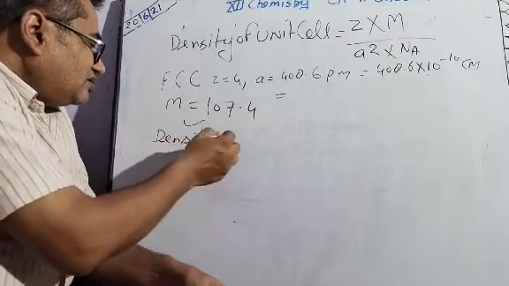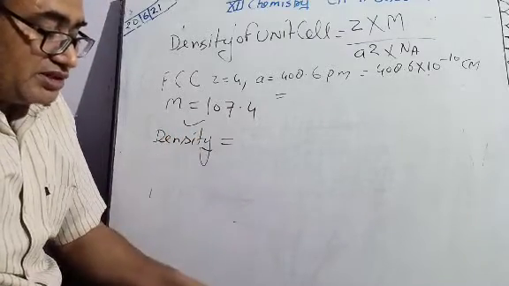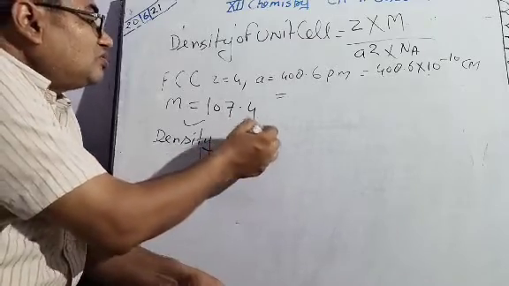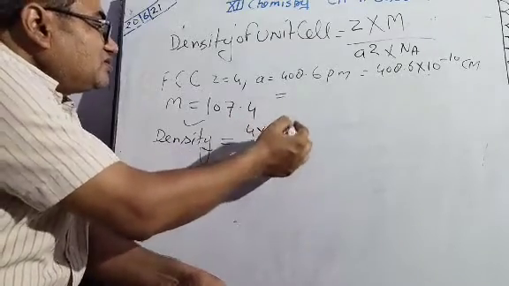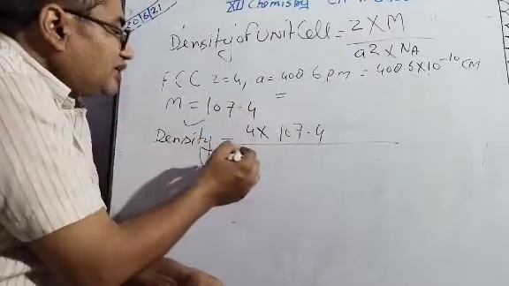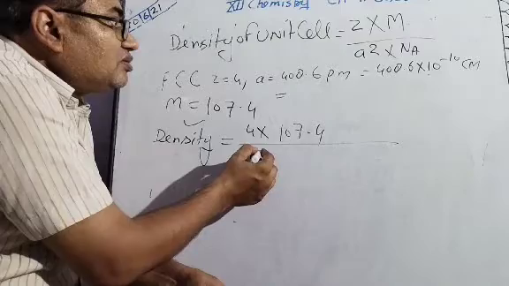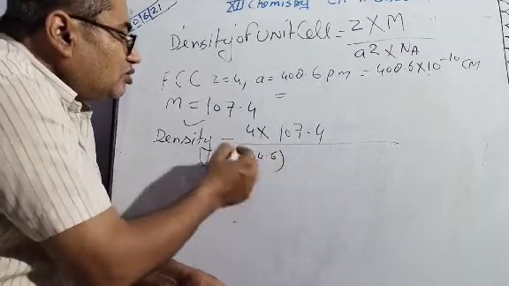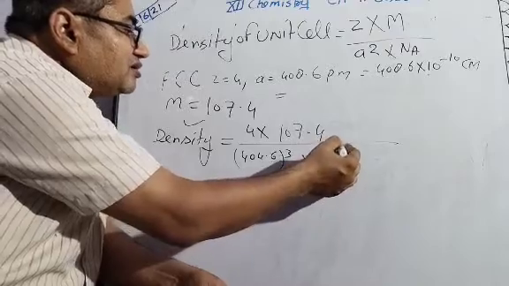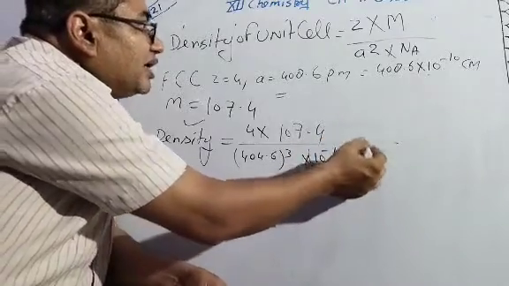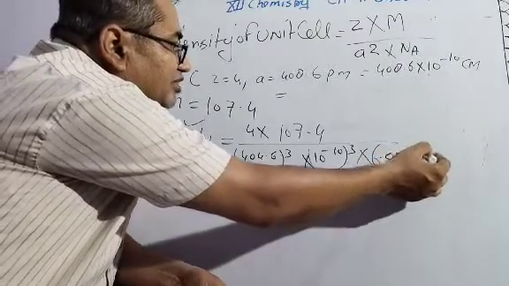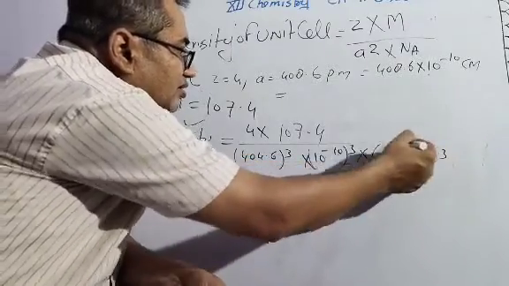So whenever we put these values into the density formula, density equals Z is 4, M is 107.84 upon a cube. a cube means 408.6 whole cube into 10 to the power minus 10 whole cube, and 6.023 into 10 to the power 23.